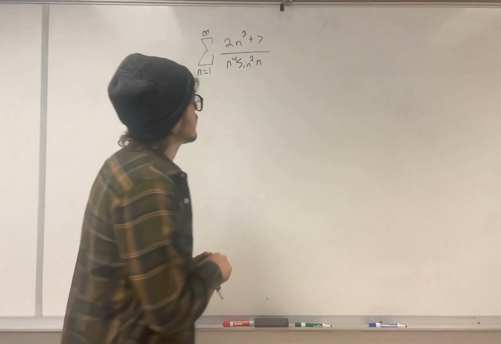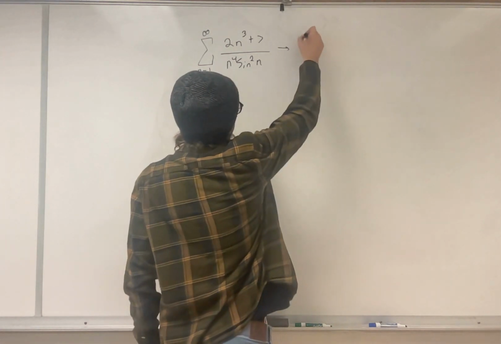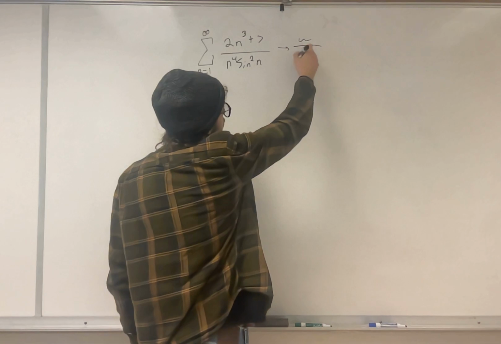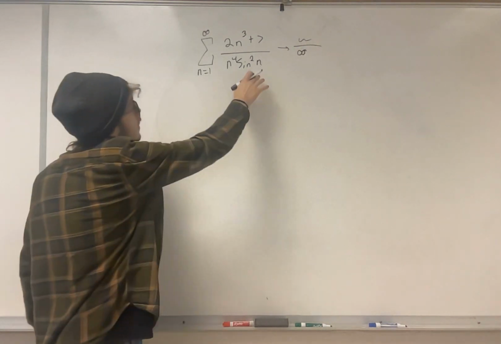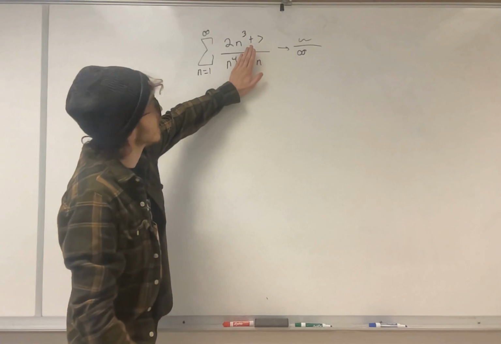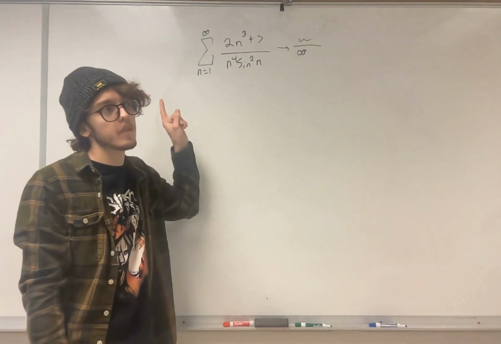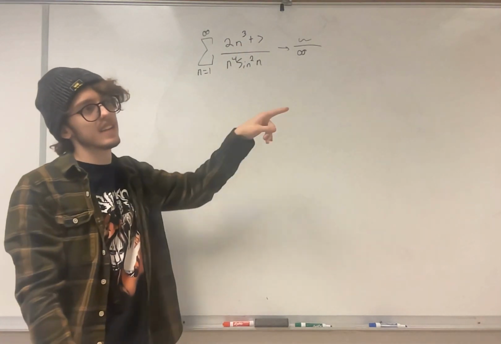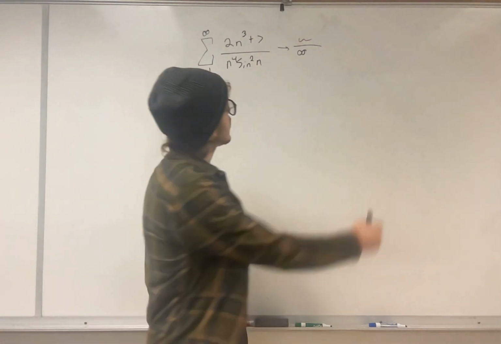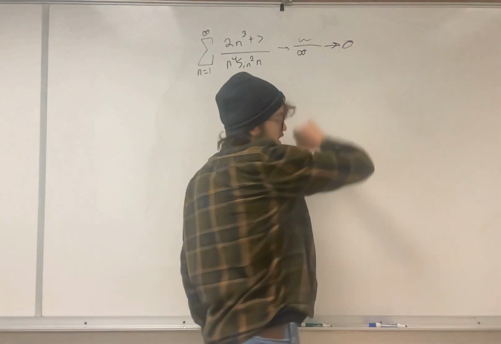And that's going to give us some constant over infinity, because if we just even had n to the fourth, it's going to go n to the fourth, n to the third, n to the second, n to the first, and then constant. That's one more step than n to the third. So we know that this divergence test will read 0.